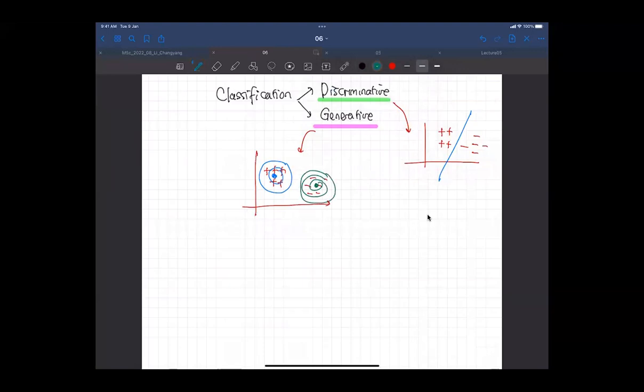If you know the Gaussian function of the blue cluster, then you can generate new data. If you know the Gaussian function of this distribution, you can draw samples. If you have a Gaussian distribution in one dimension, given this one, you can generate any possible sample.